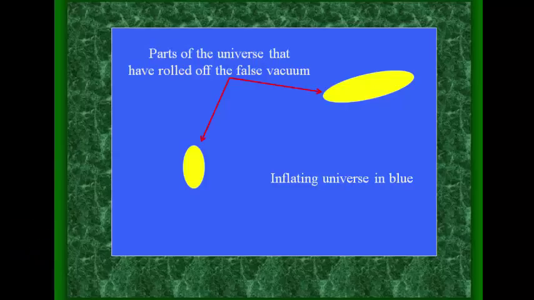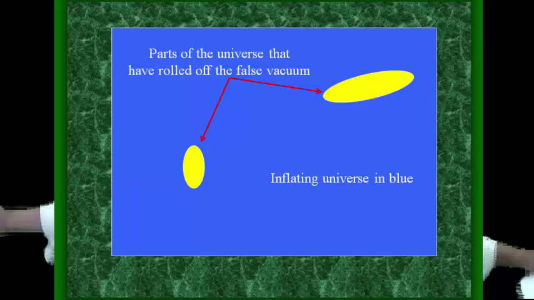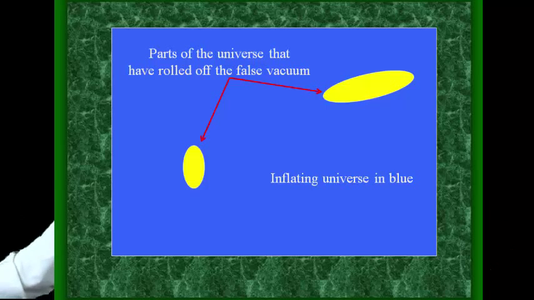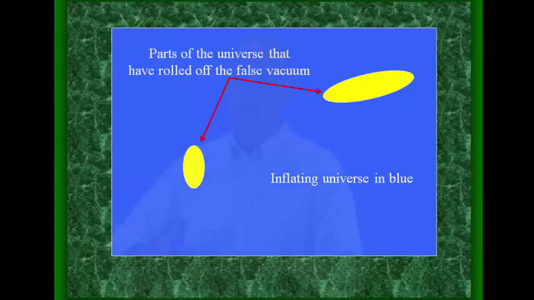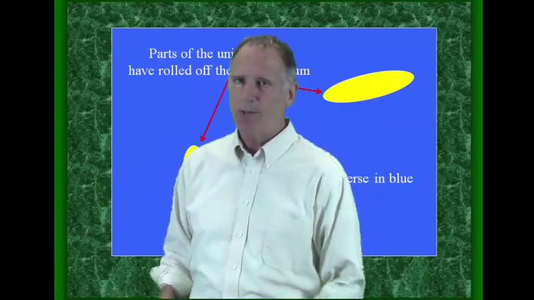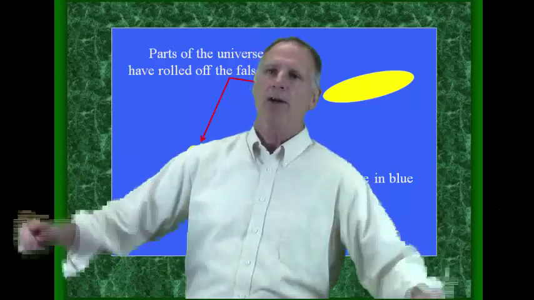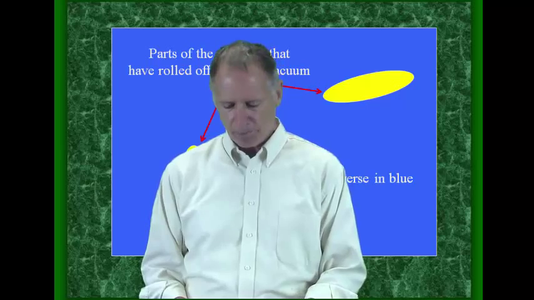So this inflating universe at faster than the speed of light is carrying all these universes, or I should say parts of the universe, that have dropped out and stopped inflating. They're carrying them apart from each other. So we could never reach one of those other universes because we can't travel faster than the speed of light, and they're being carried away faster than the speed of light.